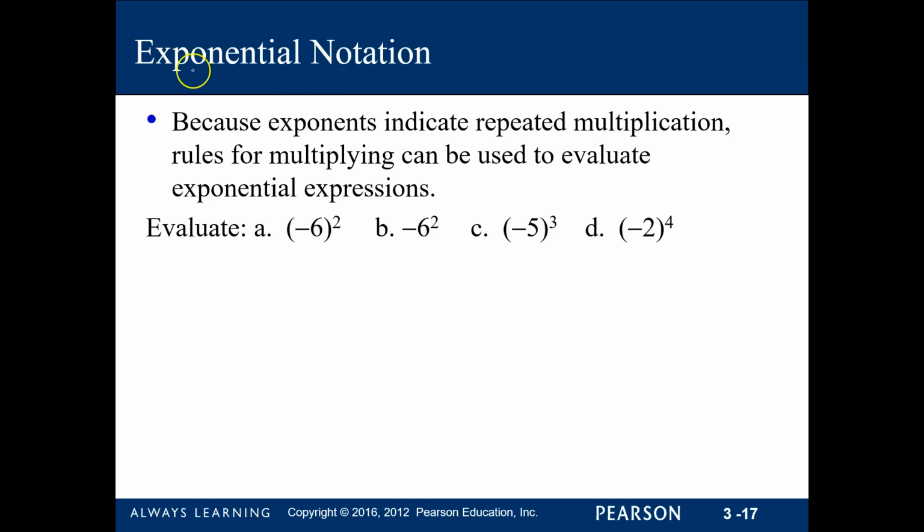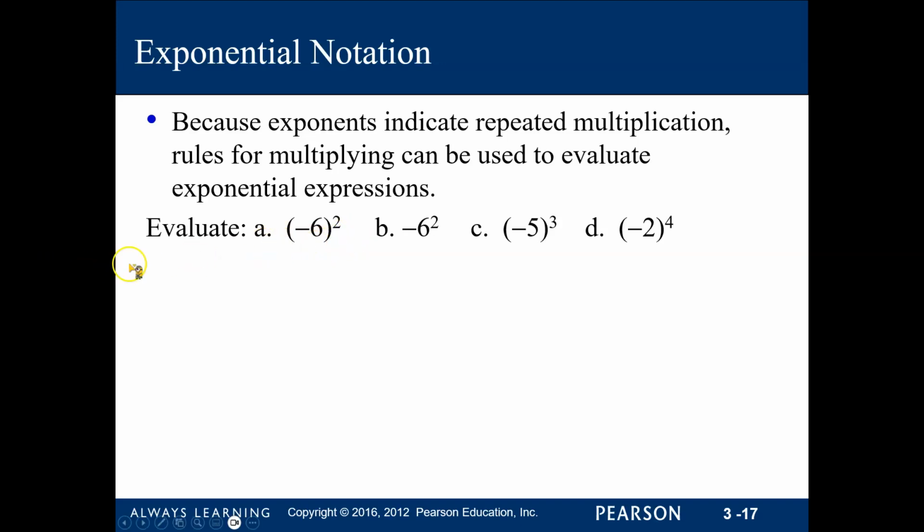Okay? So let's have some more examples here, but this time, as you can see, we have exponential notation included. When we talk about exponents, we simply multiply the number by itself, that exponent number of times. So let's take a look at letter A. We have negative 6 enclosed in parentheses to the second power.